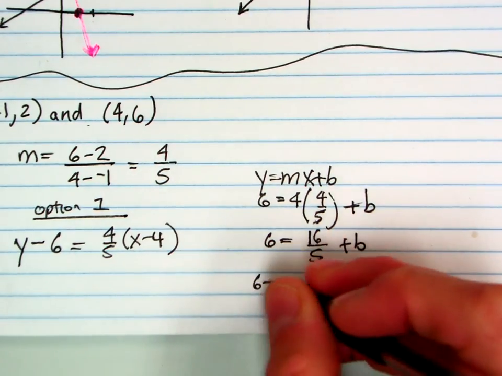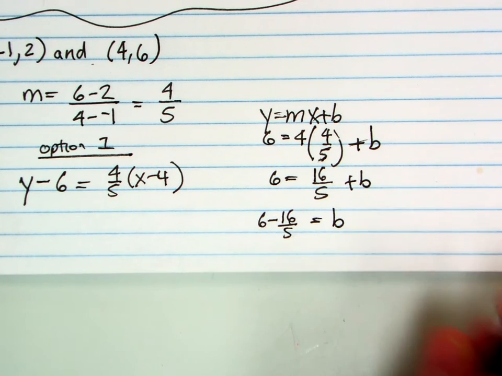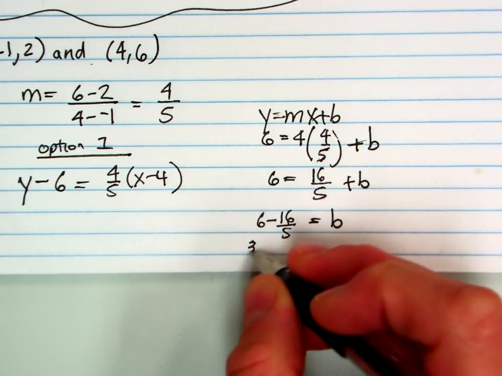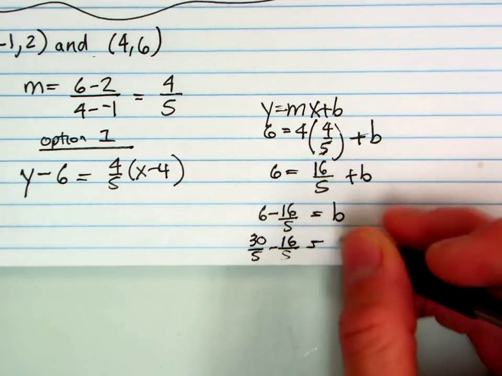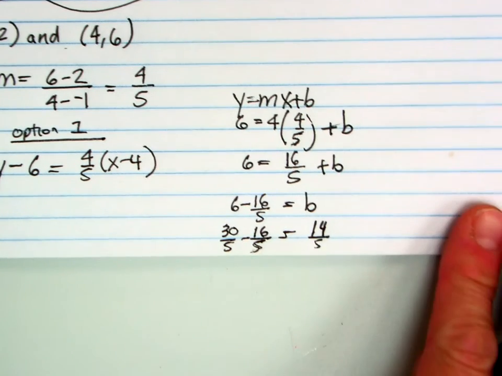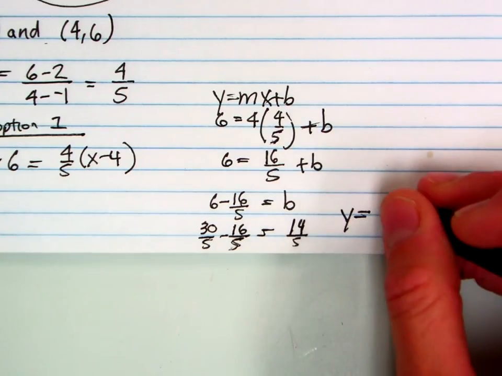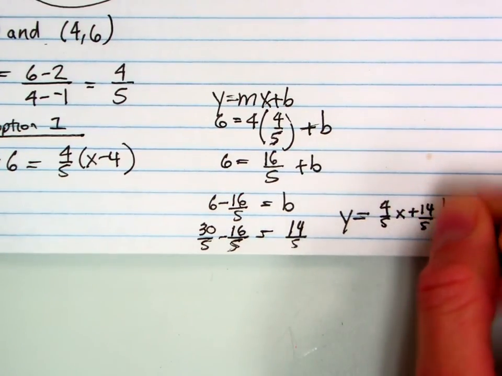So I get 6 minus 16/5. And I need a common denominator. So this becomes 30 over 5 minus 16 over 5, which comes out to be 14/5. So my final answer would be y equals 4/5 x plus 14/5.